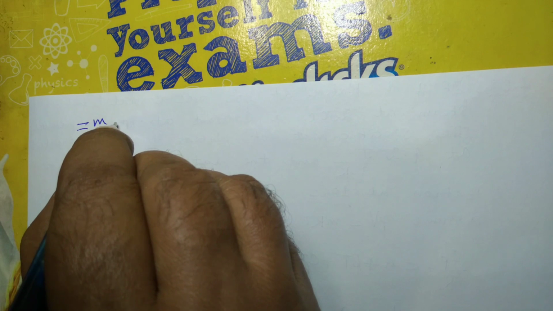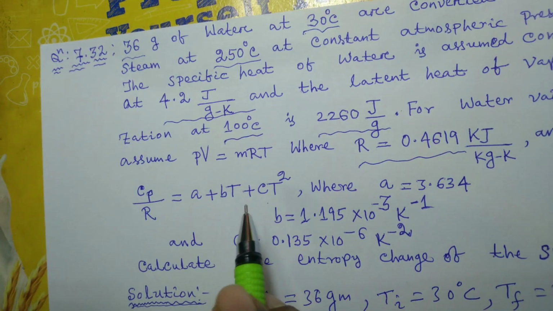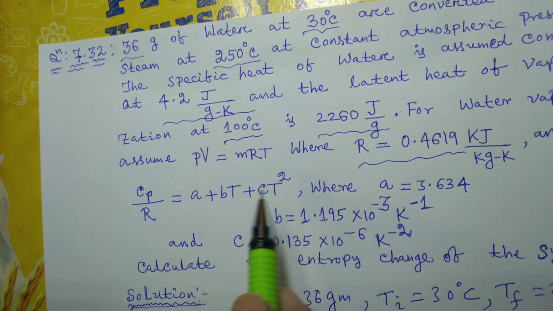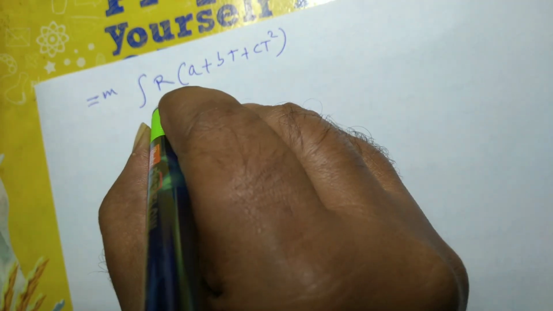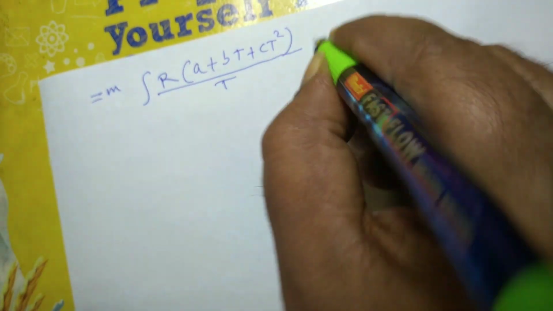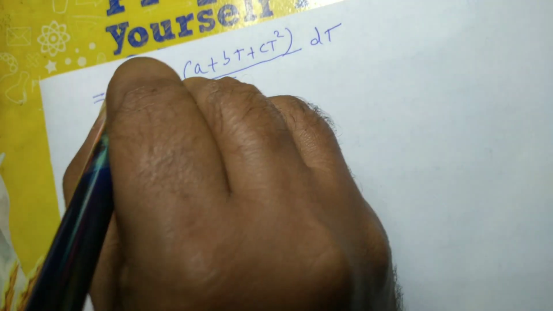In place of Cp I will write R multiplied by A plus BT plus CT square, because in the question it is given that Cp upon R is equal to this much.